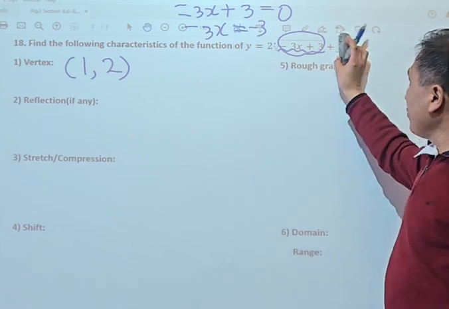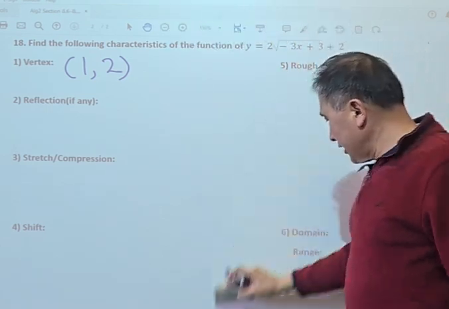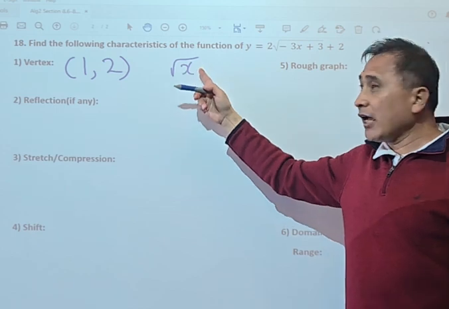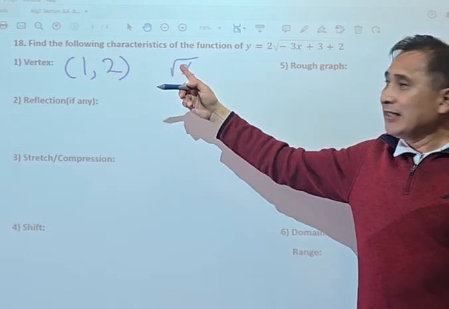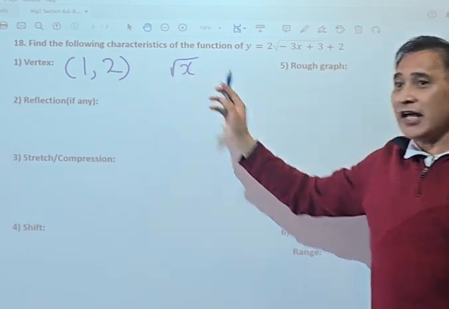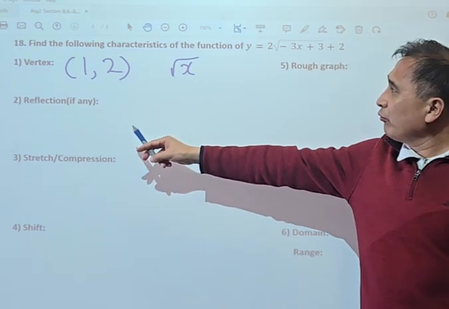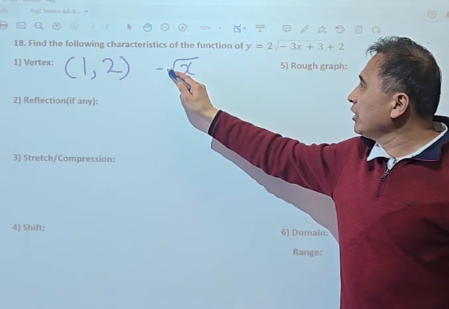Now, the transformation. Originally it was square root of x. Anything inside the square root is x, and outside is y. Reflection means a negative here or here.